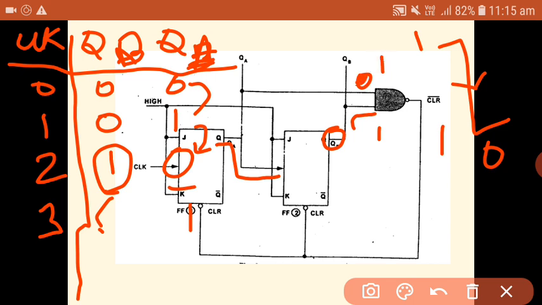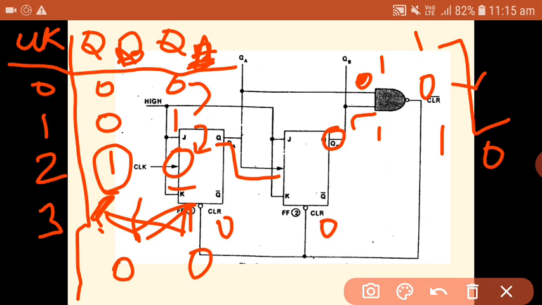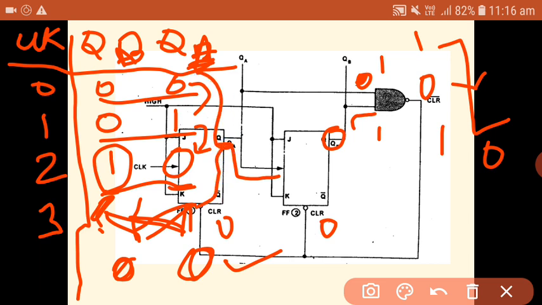When 1 and 1 are available at the outputs of the JK flip-flops, the output of the NAND gate becomes 0. A low on the clear input makes the outputs zero. As and when both flip-flop outputs become ones, it is overridden by the clear input. So the sequence is 0 0, 0 1, 1 0, and then it starts again from 0 0. That means only 3 possible outputs are possible, and you are avoiding the 1 1 combination with the help of this NAND gate.